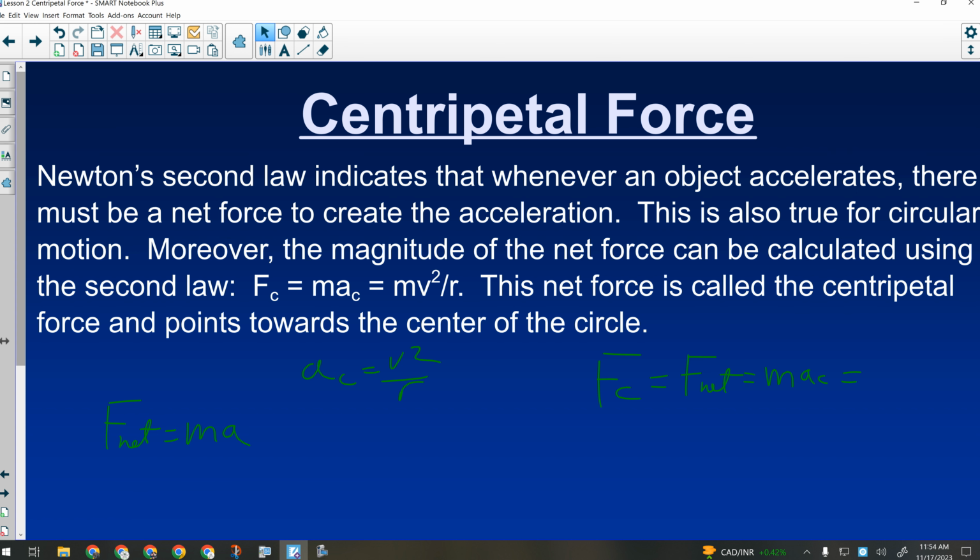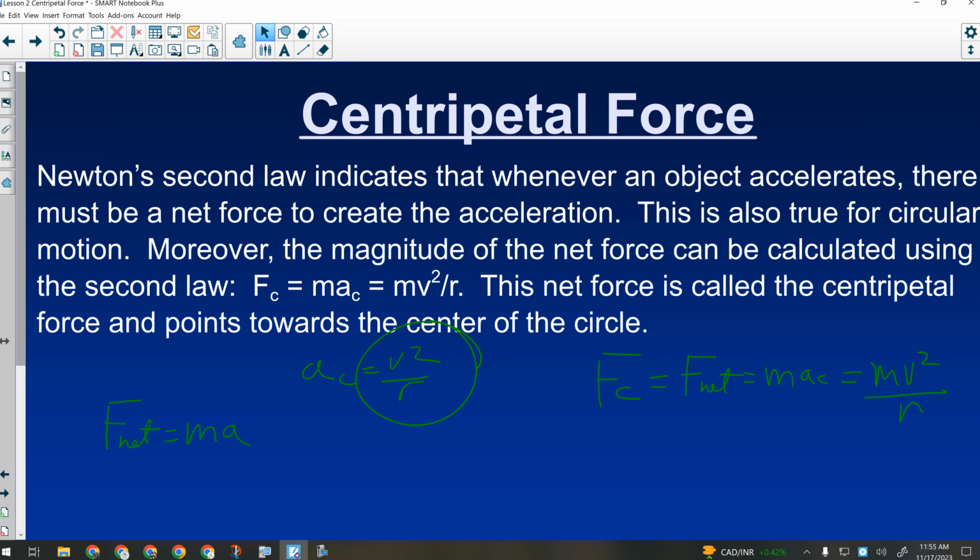Centripetal acceleration is v squared over r. So mass times centripetal acceleration is mv squared over r. That is going to be your m times a for this unit. As much as you used m times a in unit 2, you will use mv squared over r here.